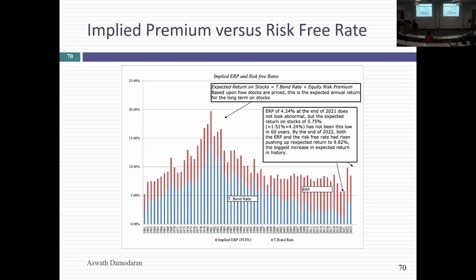But it was accompanied by a T-bond rate of 1.5%. Remember, your total expected return is the sum of those two numbers. You are pricing stocks to earn a 5.74% expected return, and that is the lowest number we've had in US market history. US stocks have never been priced to earn that low a return.